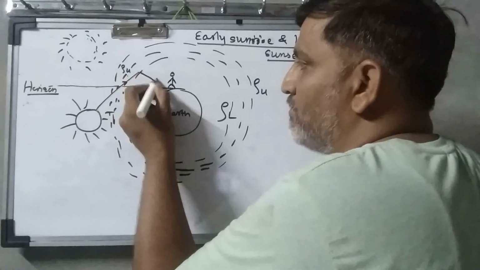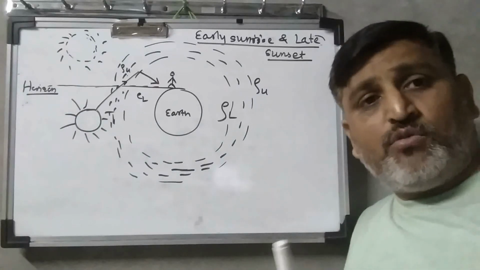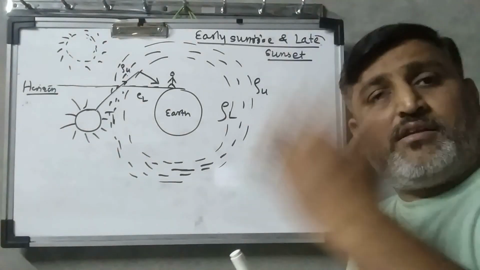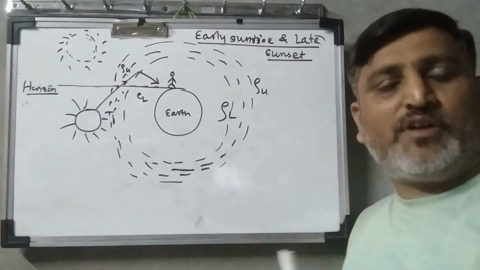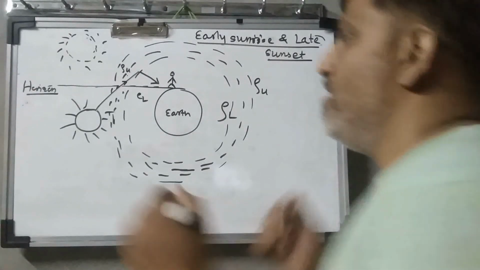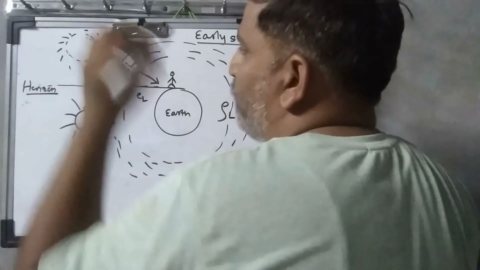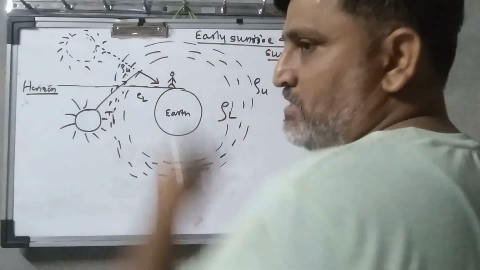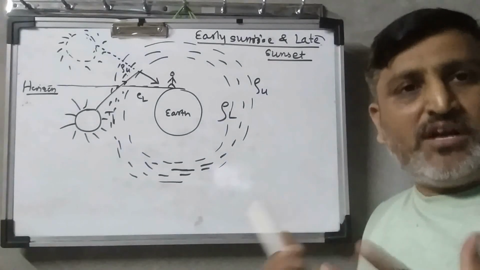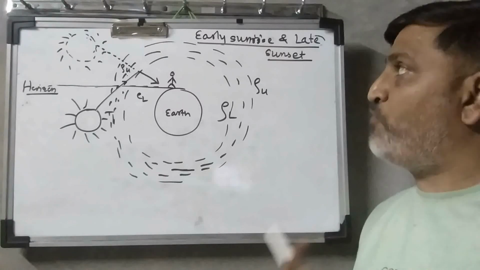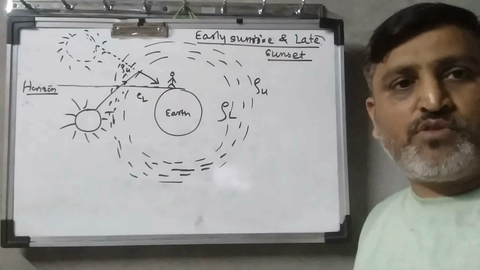The light ray gets refracted, and we find layer above layer, so there is continuous refraction of the ray of light. As I back produce this refracted ray, I find the position of the sun above the horizon, and this is also one of the effects of refraction. So keep this in mind.